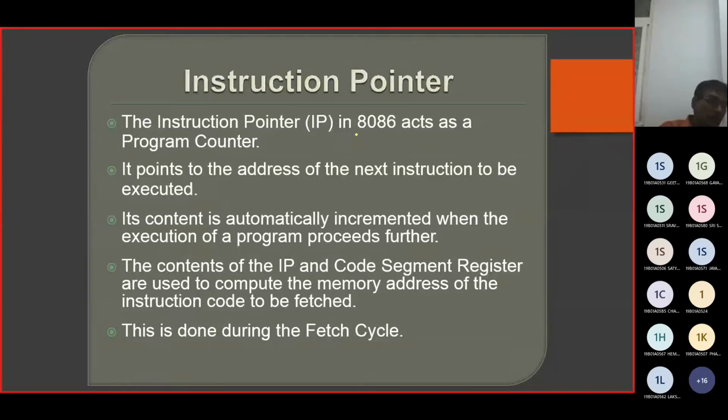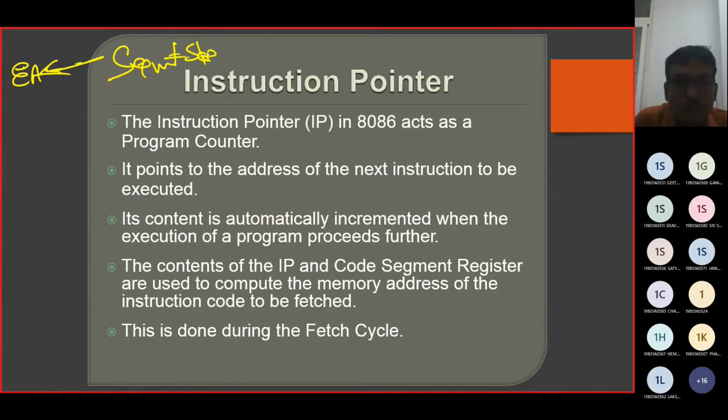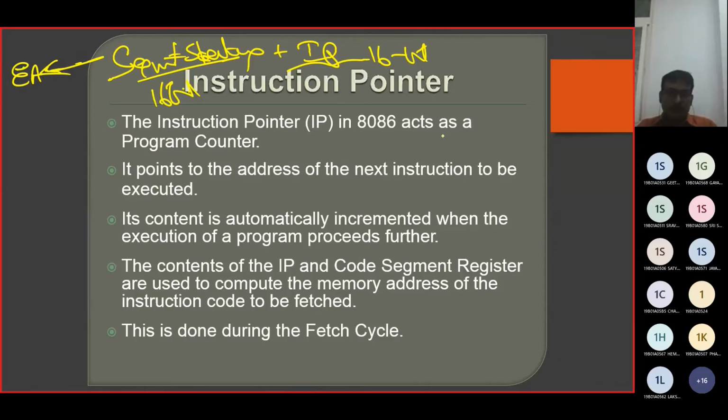So now the formula we were creating is to get the effective address: the segment starting address plus the instruction pointer. It is 16-bit, and the other is 16-bit. The instruction pointer is going to point to the current location, and the program counter is going to point to the next location in general.